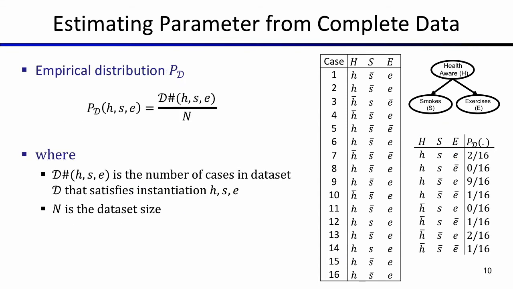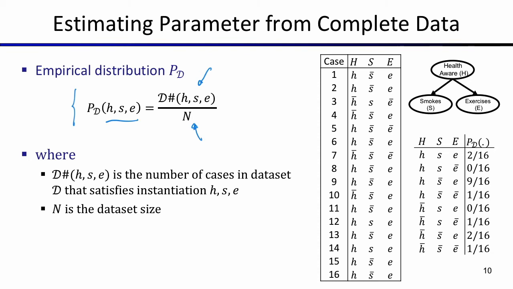So the empirical distribution can be understood a little more formally by this small equation, where the probability of a certain assignment age, S, and E is the ratio between the number of cases that we saw in the data set that match this assignment and the total number of cases in the data set.